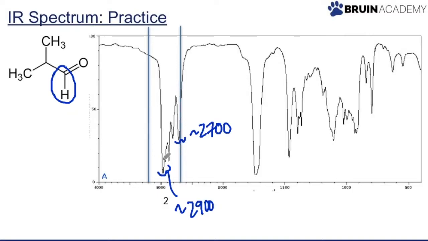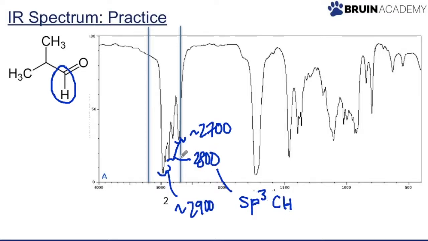Something else that's good to highlight here is the width of these peaks. There's a lot going on around this region, and this represents a region of approximately 2800, I would say. When you have a lot of things going on around the 2800 to 2900 region, a lot of smaller peaks here, this usually represents something like an sp3 CH.